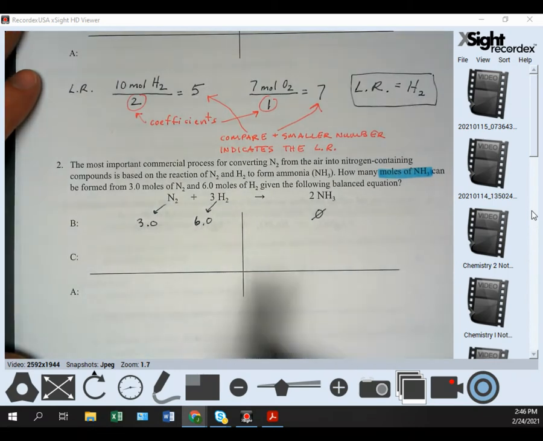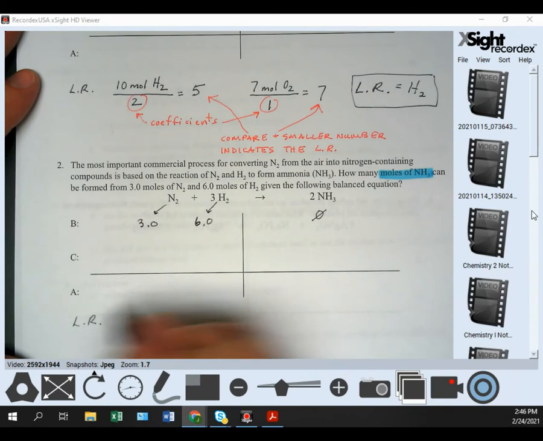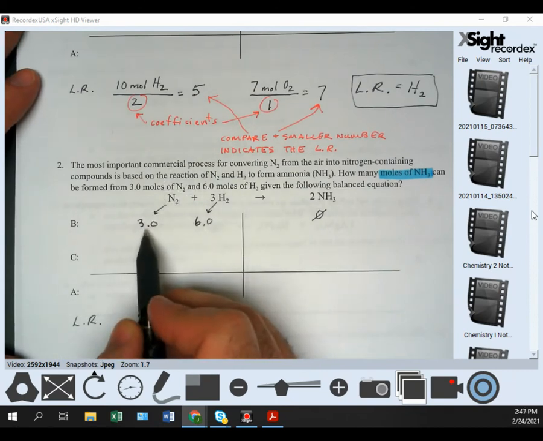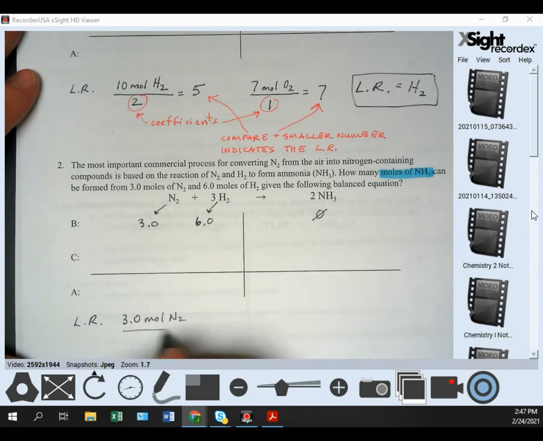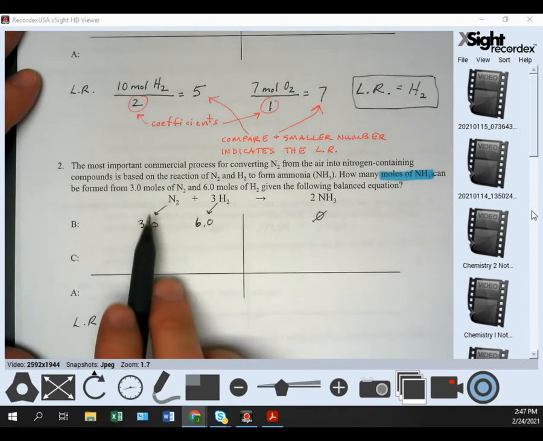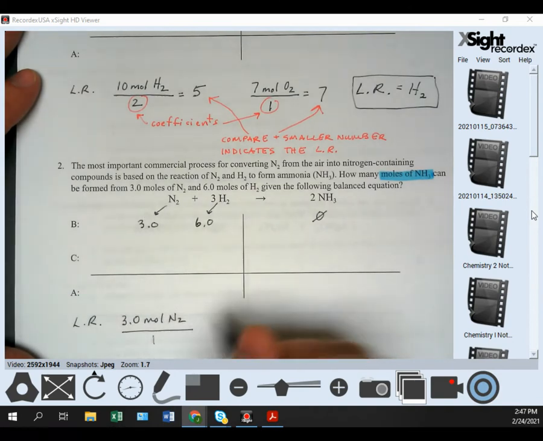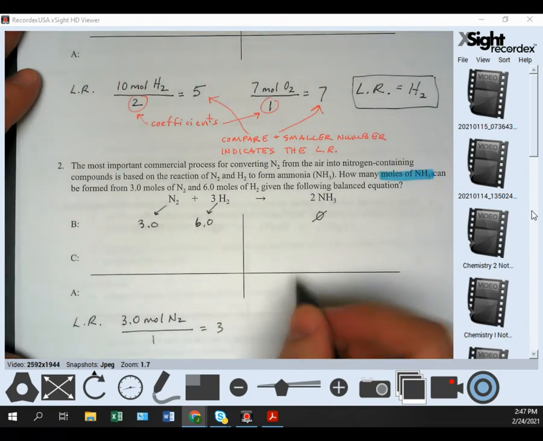get. So I take each of these, the limiting reactant, I take my beginning number of moles of N2 divided by the coefficient in front of the N2, which is just a 1. Okay, I do the same thing for H2.